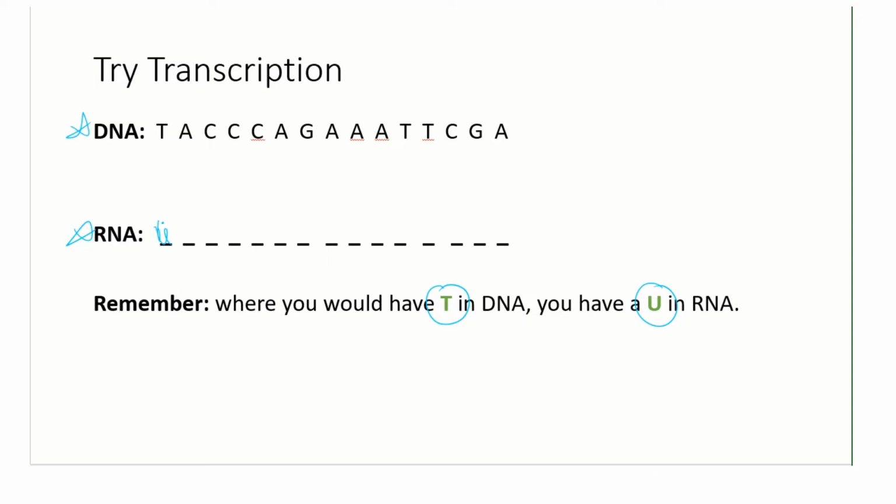Oh, wrong, A. Our A will become a U, and our C will become a G. And then this will be a G, this will be a G. Our A will become a U, C, U, U, U. Now this will be an A, G, C, U. Nice.